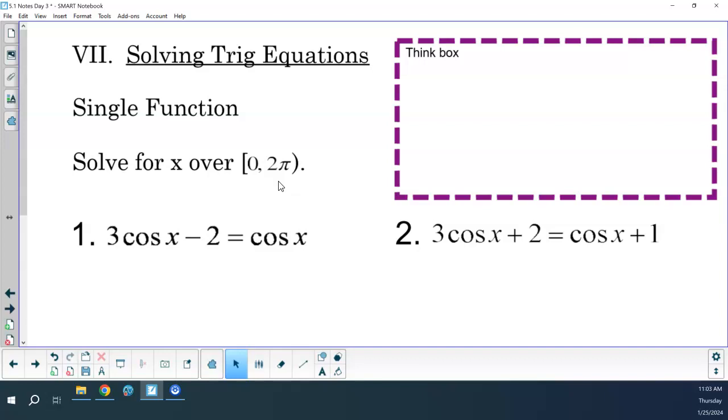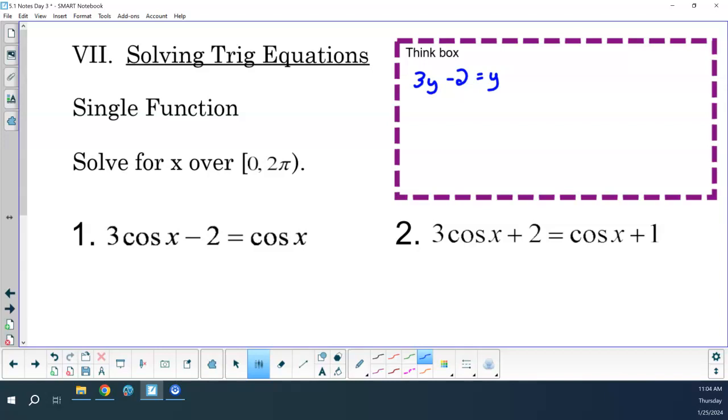So if I had an equation, like let's say I had the equation 3y minus 2 equals y. What would you do to solve that? We could subtract y from both sides, add 2 to both sides, or subtract 3y from both sides.